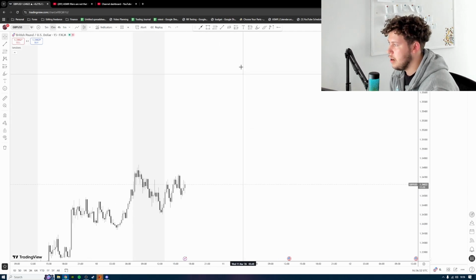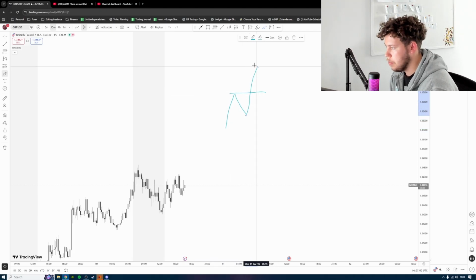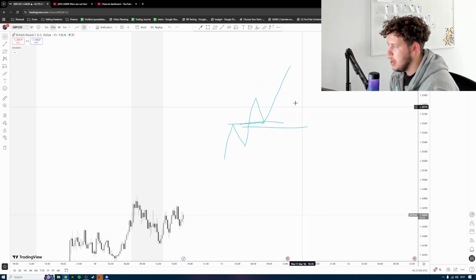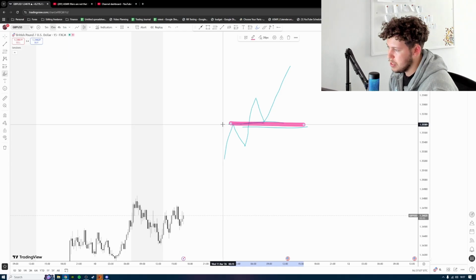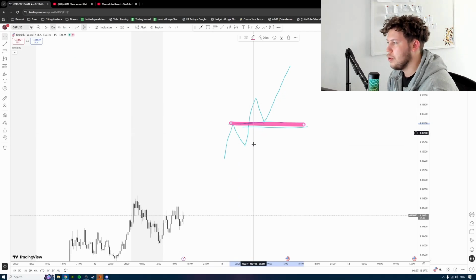So if I draw an ideal scenario, it would be, say you're in an uptrend and you have this high, you get a big push up above, strong momentum to the upside. That would be a great opportunity to continue. And that's where you can use things like support resistance, you could use fair value gaps, fibs, whatever it is that you prefer. But that is how you want to be looking.